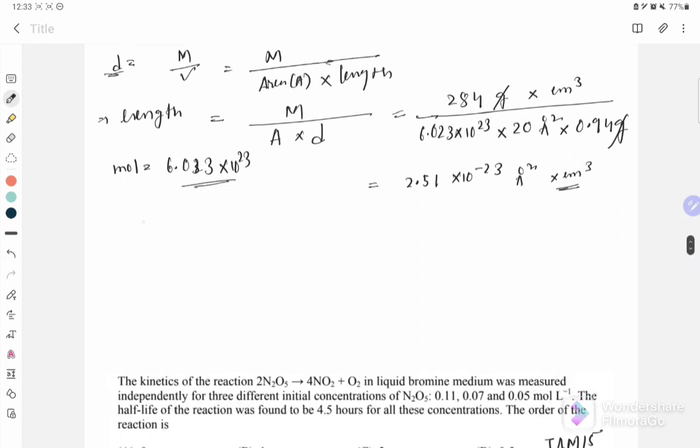We know that 1 angstrom is equal to 10 to the minus 8 cm, so 1 cm will be 10 to the power 8 angstrom.